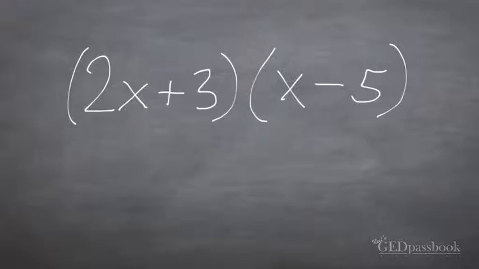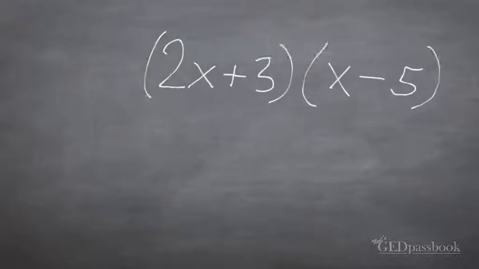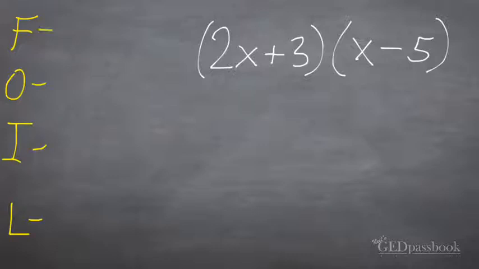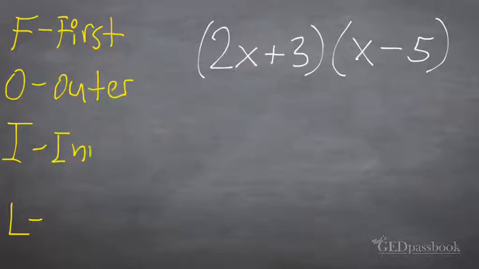So, FOIL stands for something. Let me put this to the side because we're going to do that one as a class. FOIL is an acronym to remember these types of problems. And it stands for first, outer, inner, and last.